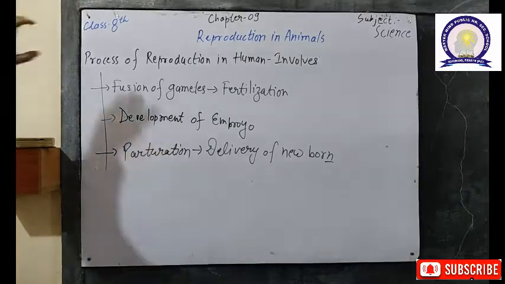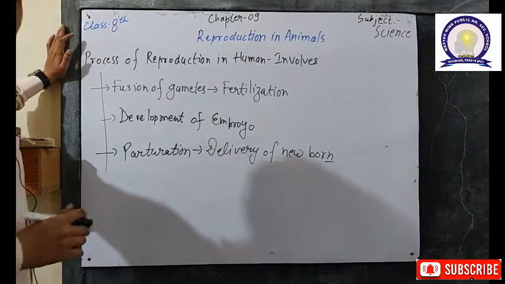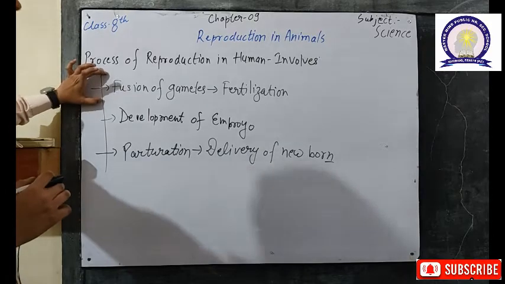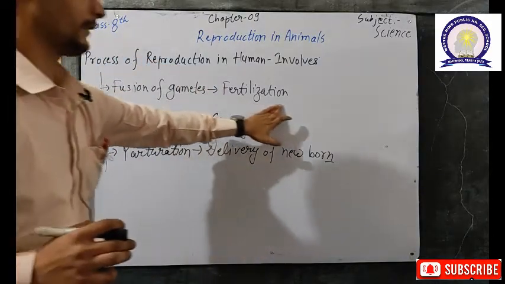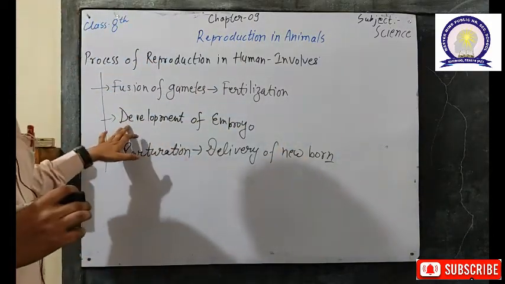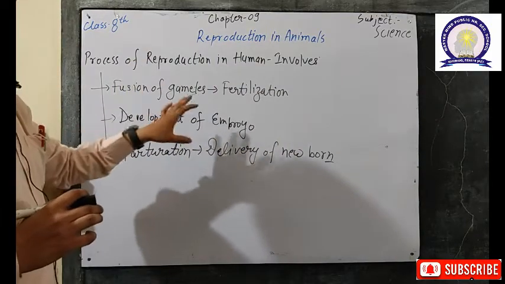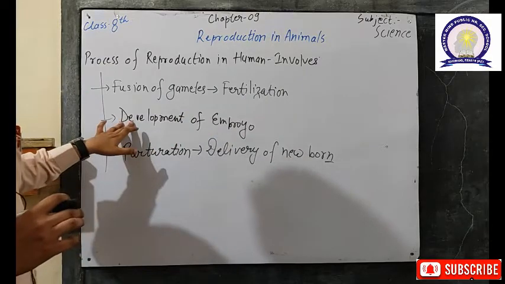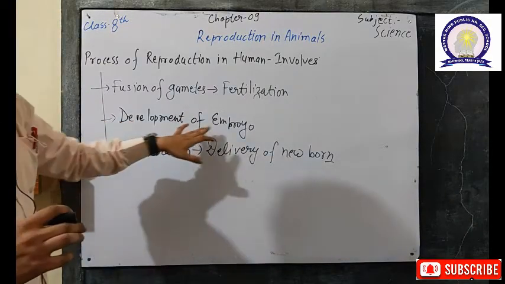Now the process of sexual reproduction in human beings mainly involves three major steps. The first step is the fusion of gametes, called fertilization. The second major step is the development of the embryo.